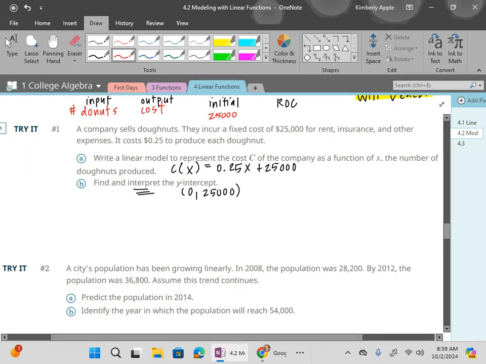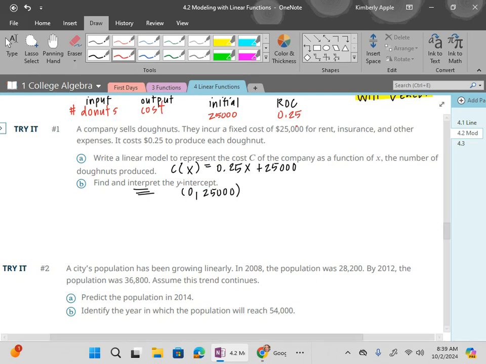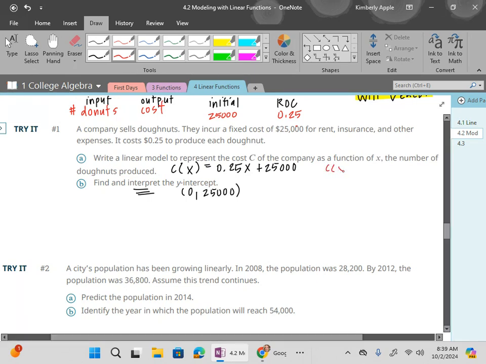All right, so what's the rate of change for the cost? Well, the additional cost above and beyond all this stuff increases by 25 cents for every donut they make. This is an increasing function with a positive rate of change. And then we just go down here and say, all right, this is going to be mx plus b. So C of x is the rate of change times x plus the initial value.